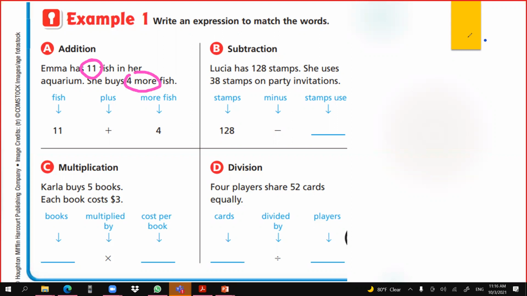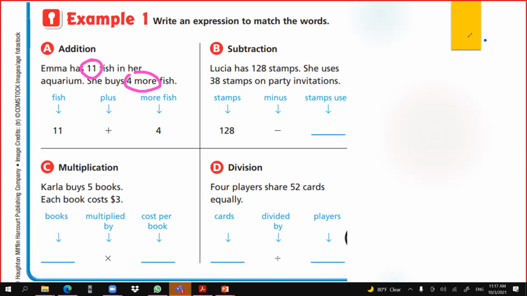So here, what do you have? Emma has some fish, and then she's buying more fish. Then she's combining the two unequal numbers, 11 and 4, together in order to get a new number of fish.